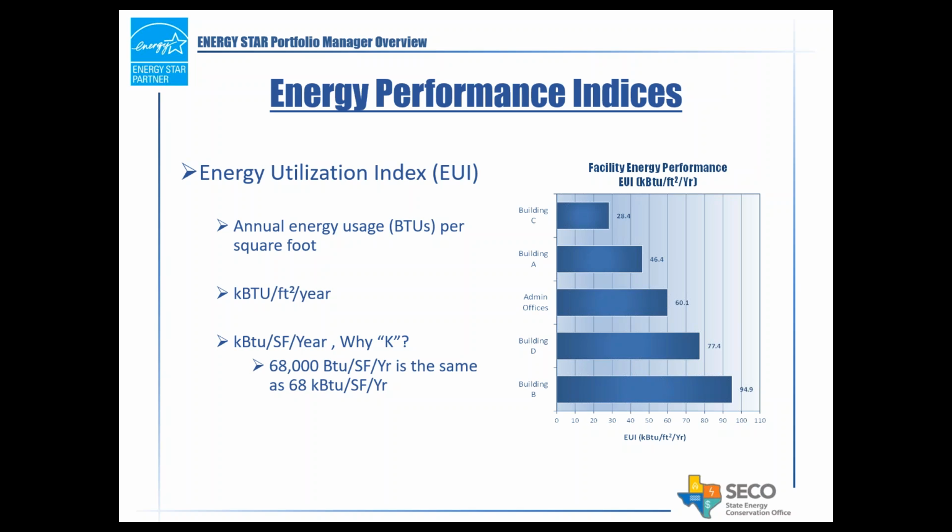The K stands for 1,000, so you multiply the BTUs by 1,000 and get kBTUs. In Portfolio Manager you will see items like 68 kBTU per square foot or 28 kBTU per square foot. In reality, the 68 is 68,000 BTUs per square foot. It's just a way to work with numbers that have fewer zeros.